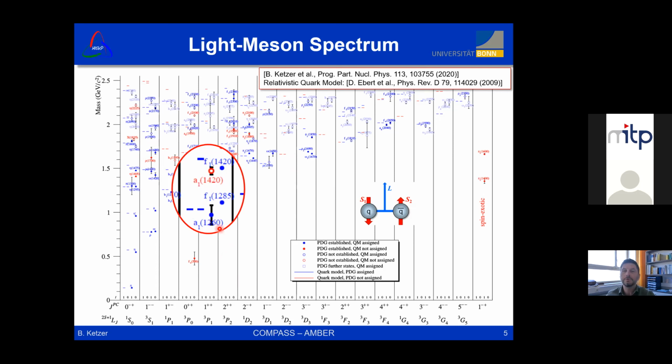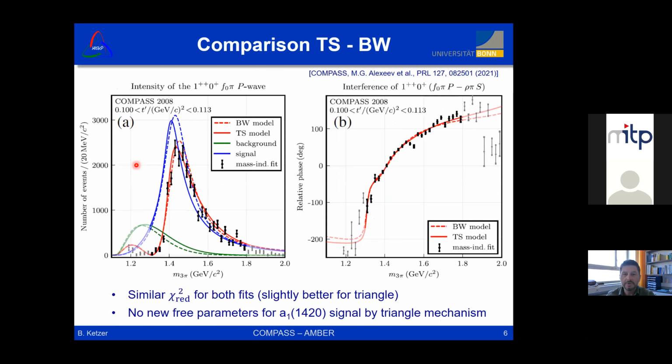There was this a1(1420), which was observed in the f0 pi P wave, which was classified as an exotic meson immediately because it does not really fit the expected spectrum. And here you see that it is a very clean Breit-Wigner-like peak, and also a phase motion associated with it.